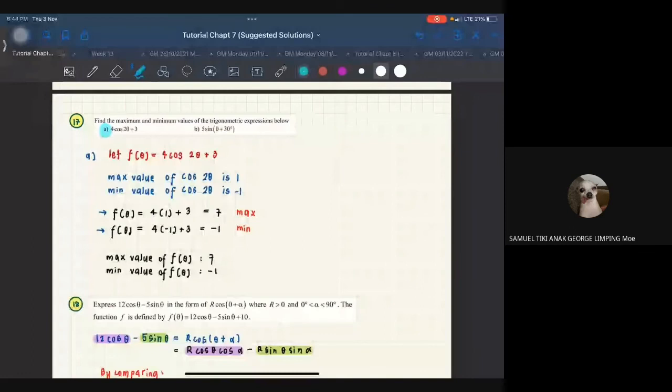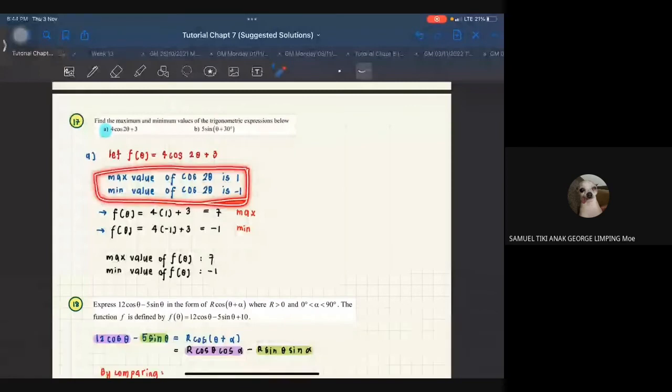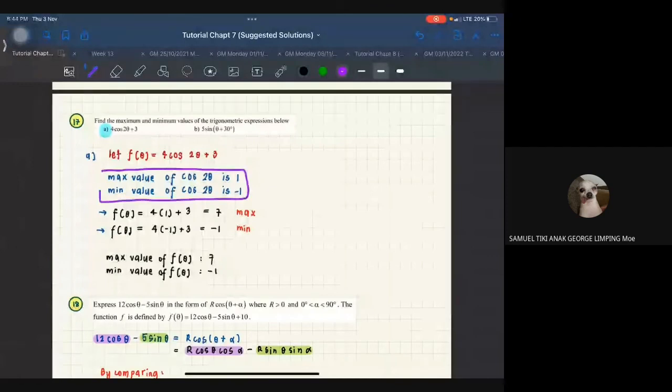Okay, so apa yang kita nak buat dekat sini adalah ini konsep yang kita faham tadi. This is our reference lah kiranya. Okay, so this yang purple ni, this is our reference. Ini apa yang kita akan refer. Okay, sebab kita tahu any cos any sin function kalau dia punya maksimum adalah 1 dan minimum dia adalah negatif 1. Okay, so awak hanya ambil yang ini sahaja dulu.